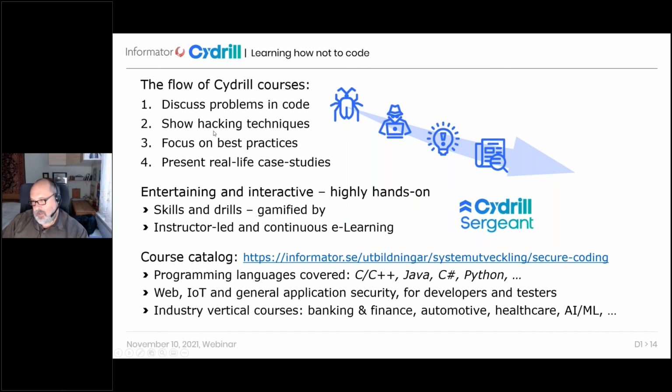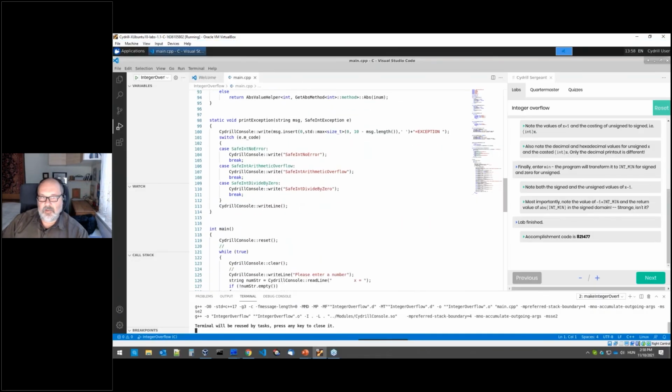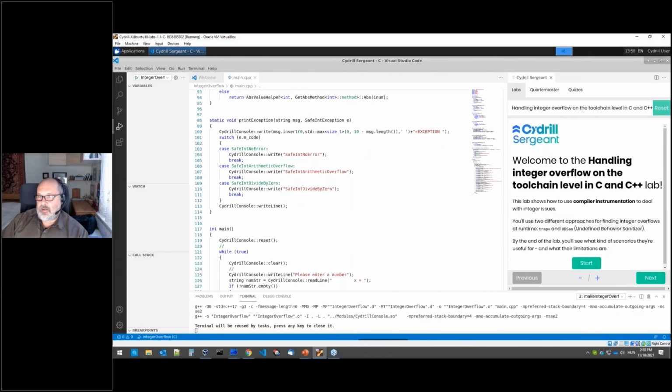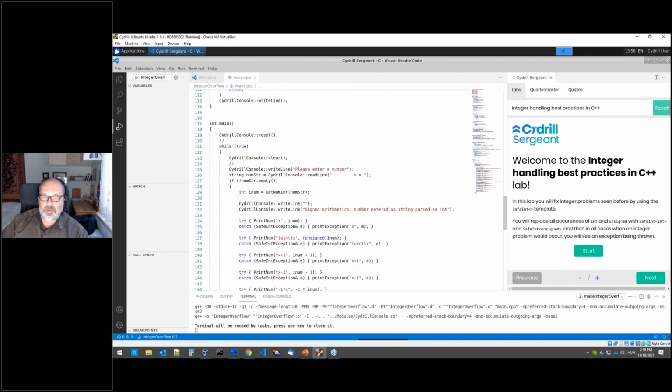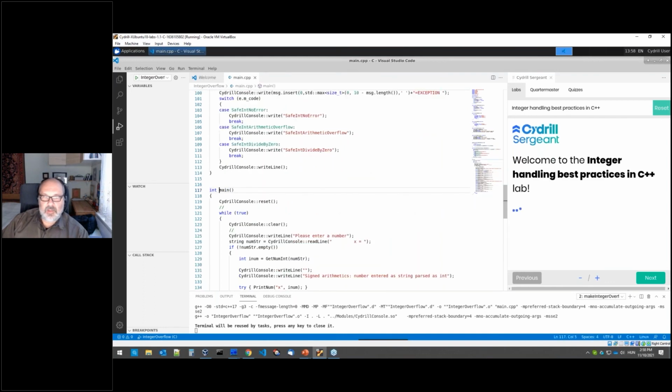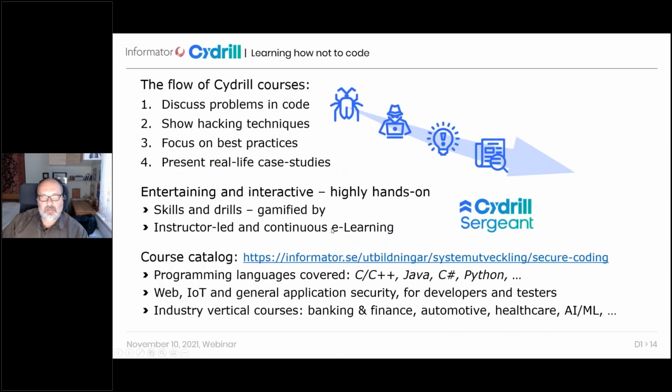I will not show you how we fix the code you have seen here, but we then have a next lab, integer handling best practices, where we fix the source code, and we see that the problem we have seen before does not work anymore, or the hacking technique does not work anymore. And then, of course, we present real-life case studies, like the WannaCry story I just rushed through very quickly. Unfortunately, there are millions of such stories.